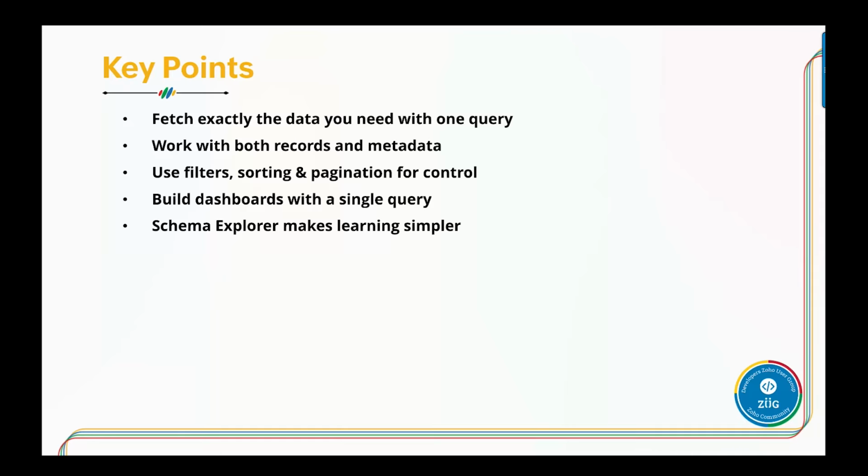Through Silka Manufacturing's example, we saw a query for real business value. We also explored Postman Schema Explorer, which makes it easier to learn. So in short, GraphQL APIs build a faster, smarter, and more adaptive system for Zoho CRM.